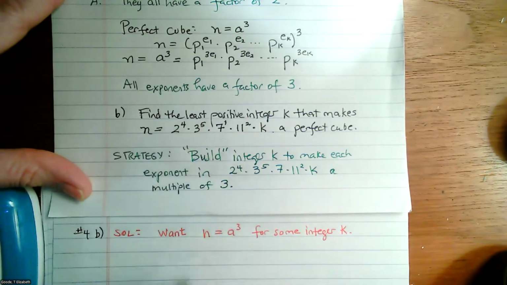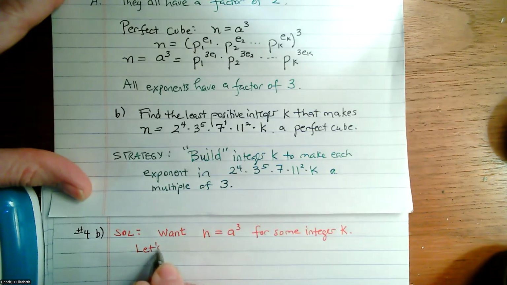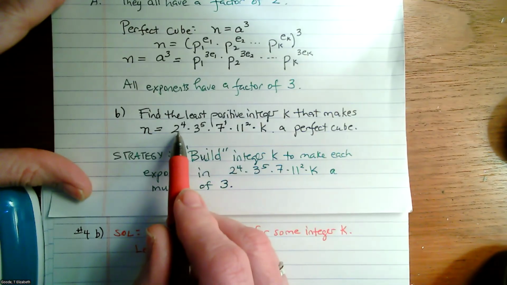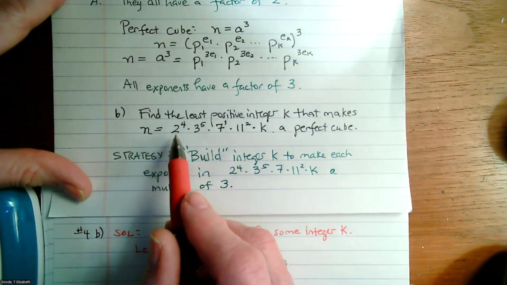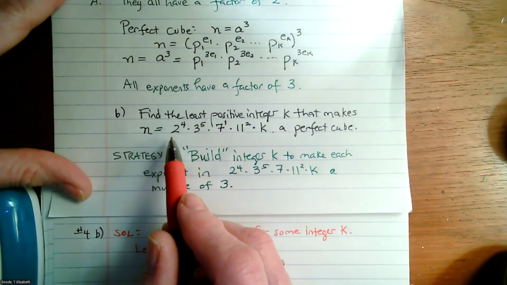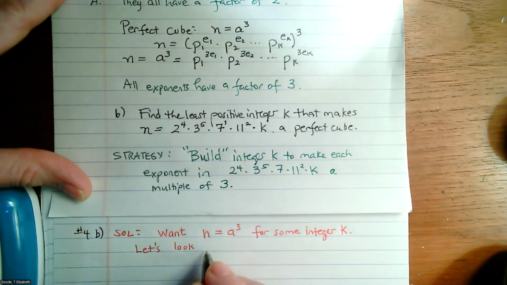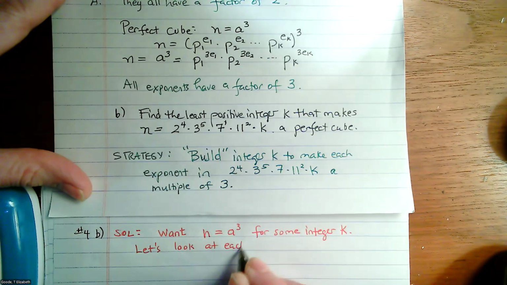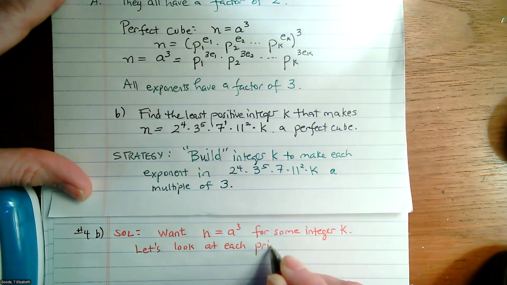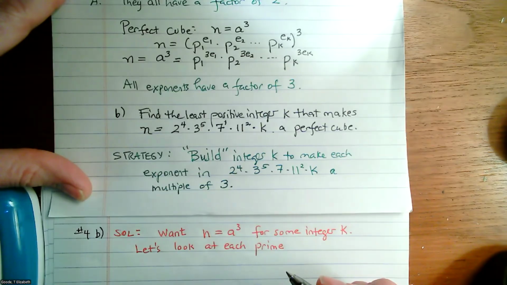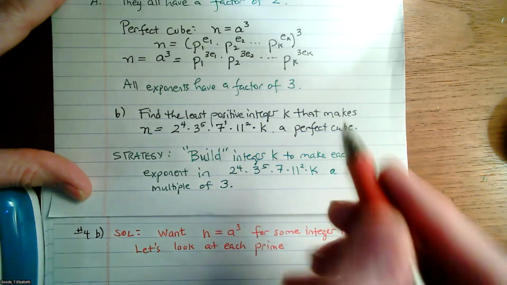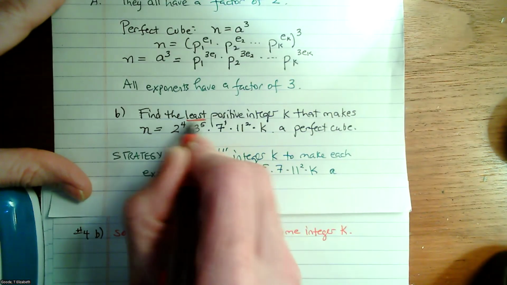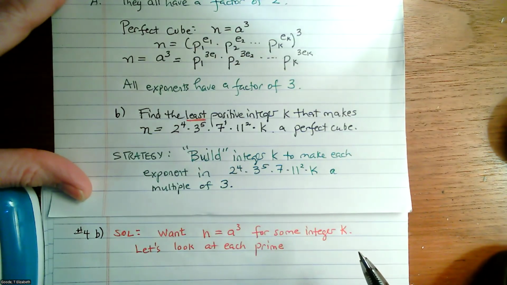So let's look at each factor and see what we need to add until that factor has an exponent that's divisible by 3. Didn't we just multiply all of the exponents by 3? We could, but that would build much larger than the least positive, oh, correction.